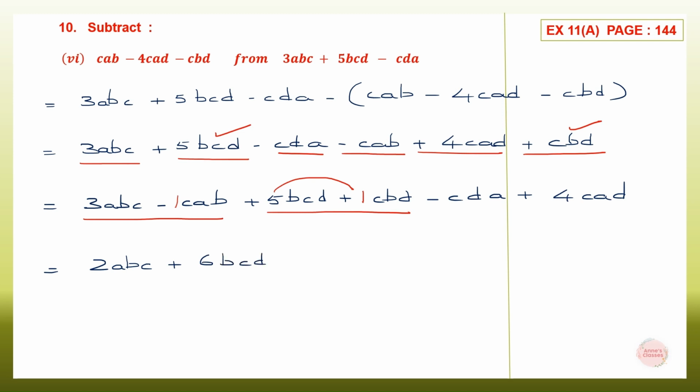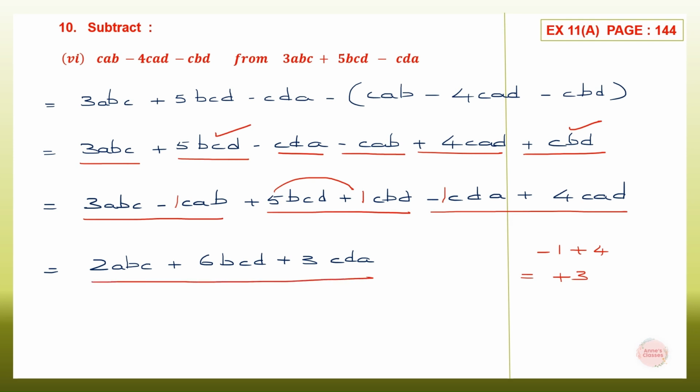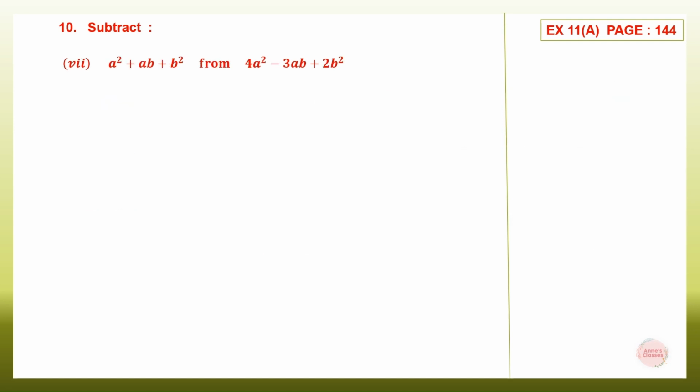Let's go to the next one. Here it's minus cda. This is minus 1 plus 4. Signs are different. Put the sign of the bigger number and subtract. 4 minus 1 is 3. So this becomes plus 3cda. So our final answer is 2abc plus 6bcd plus 3cda.